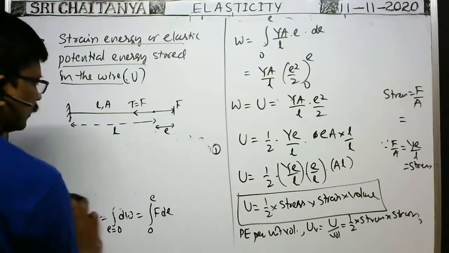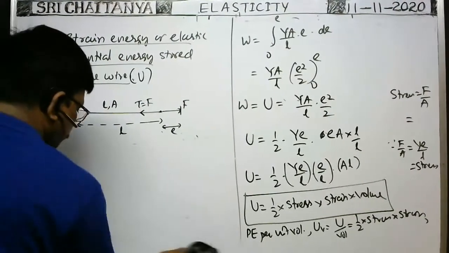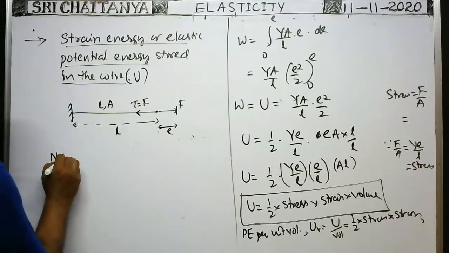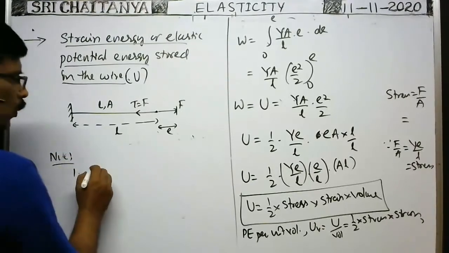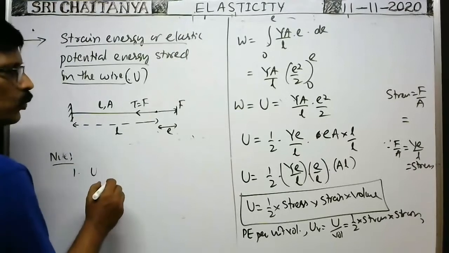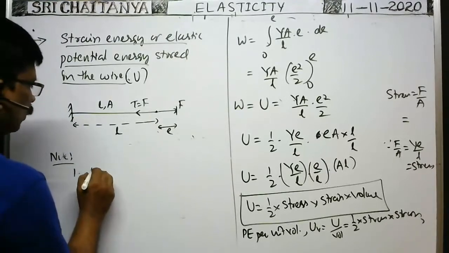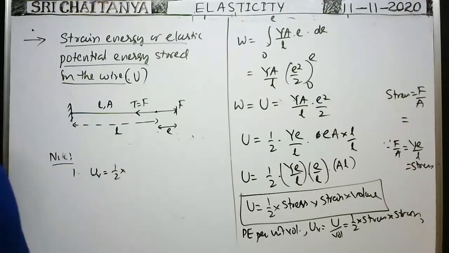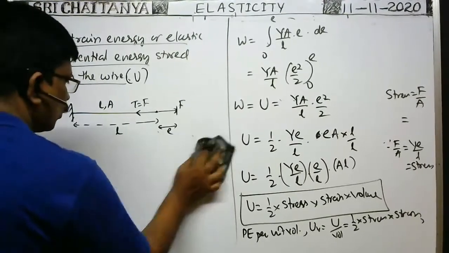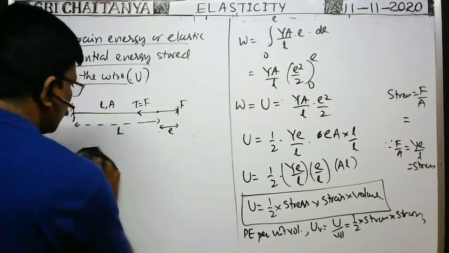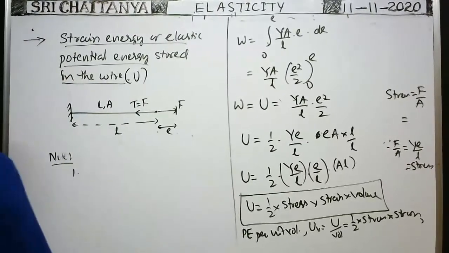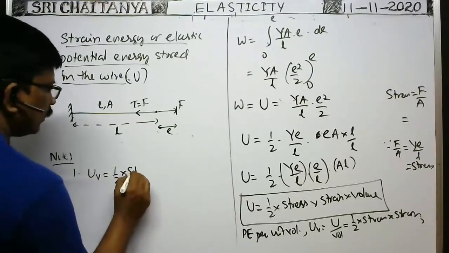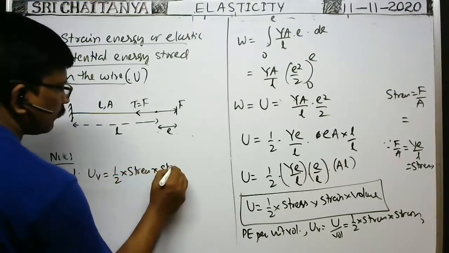In such a case, note this point: potential energy stored per unit volume is equal to U suffix V, which is half stress into strain.